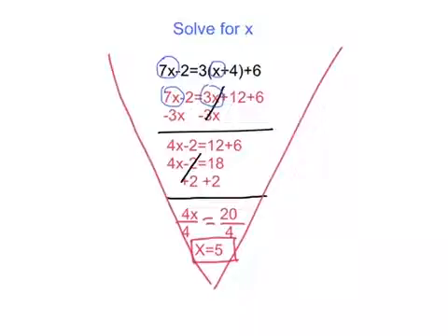I divided 4x by 4, but that equals nothing, so that just cancels out, and then I was left with 20 and 4, and 4 times 5 is 20, so my x equals 5.